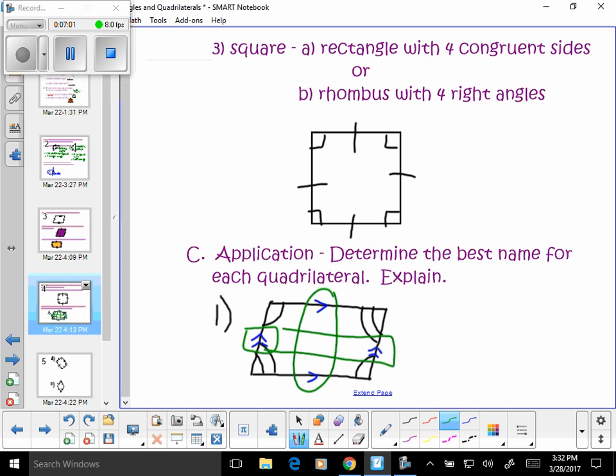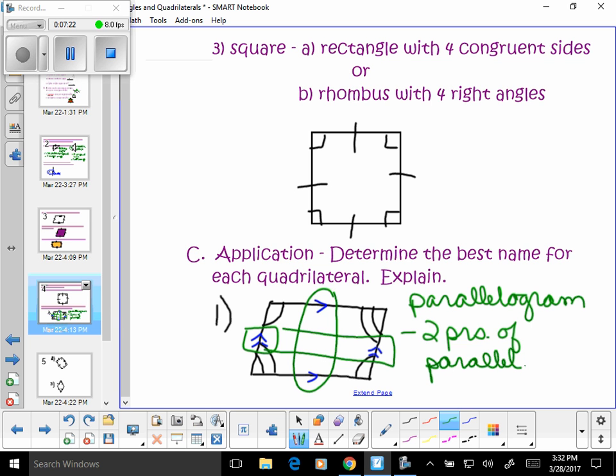That means I have two pairs of parallel sides. Therefore, I have a parallelogram. And my explanation is that I have two pairs of, and I'm going to use the word parallel. Some people actually use the symbol for parallel, but I'm going to write it out. Two pairs of parallel sides.